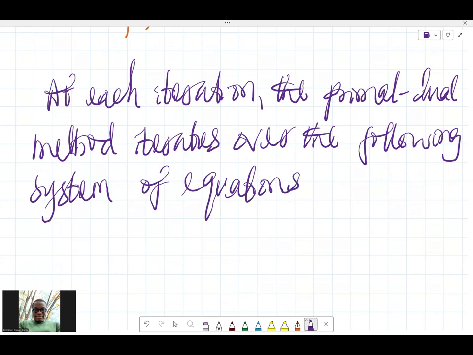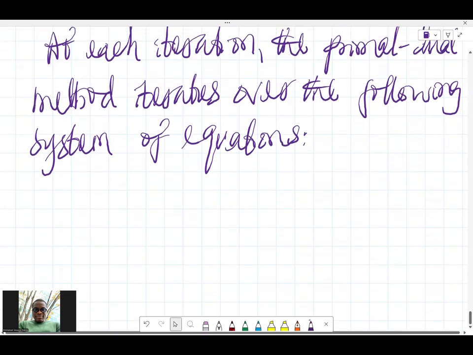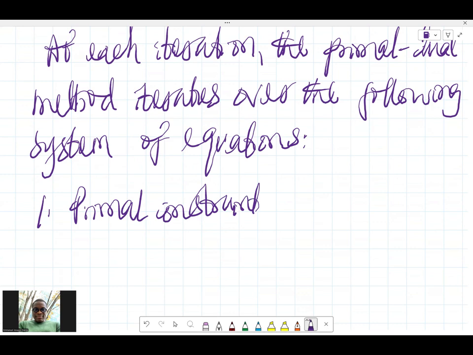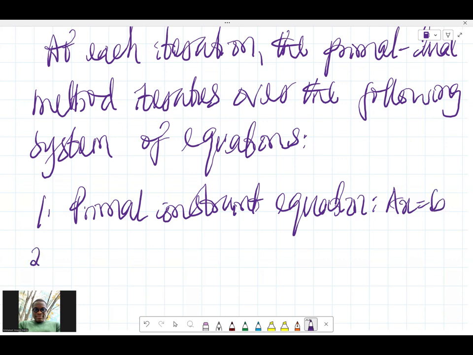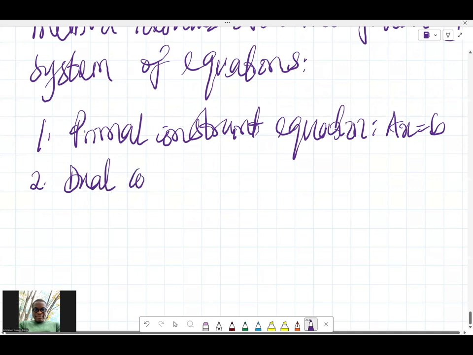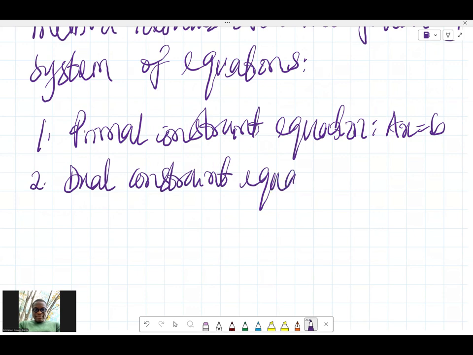First of all, it goes over the primal constraint equation, where AX is equal to B. Then number 2, it goes over the dual constraint equation, where we have A transpose Y plus S equals C.